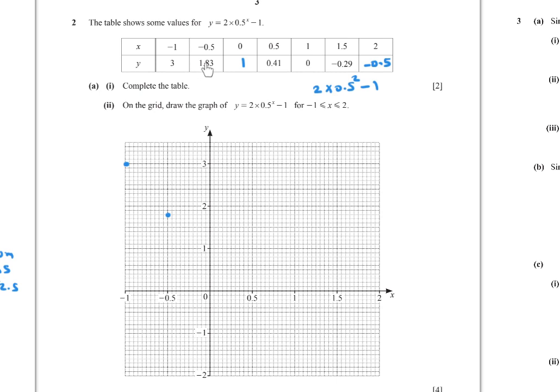You can round 1.83 to 1.8. Then 0, 1. Then 0.5, 0.4. Then 1, 0.